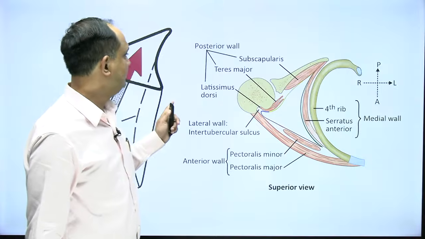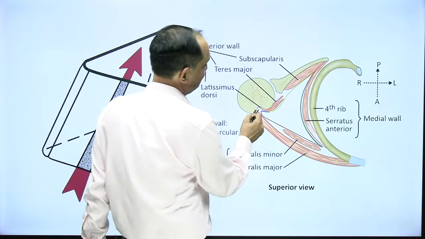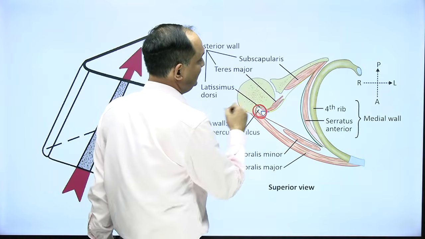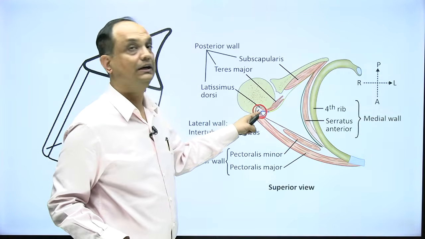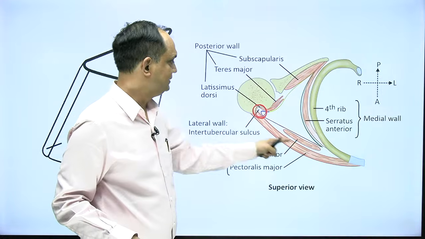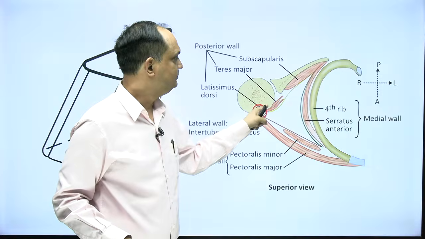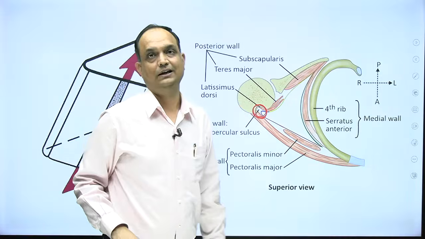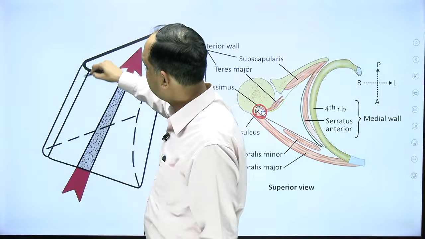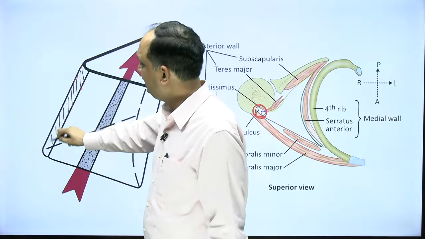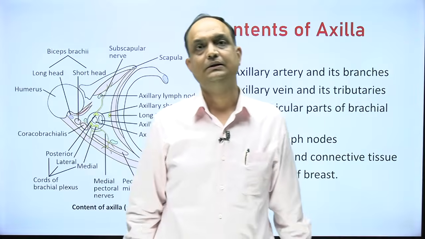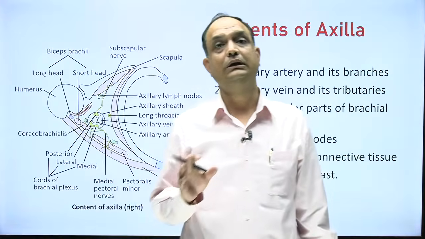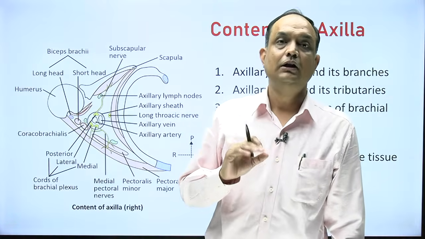So dear students, here you can see this is the wall on the lateral side of the axilla, which is actually on the inner side of the humerus, where you will have the insertion of pectoralis major, teres major and latissimus dorsi. This is the narrowest wall, known as the lateral wall of the axilla. Clear?